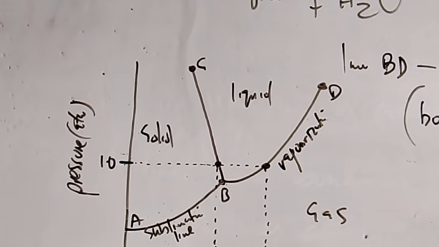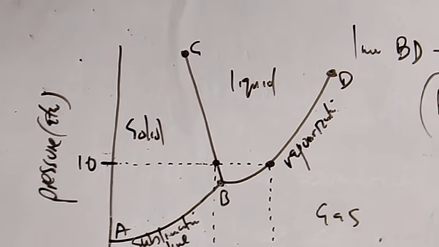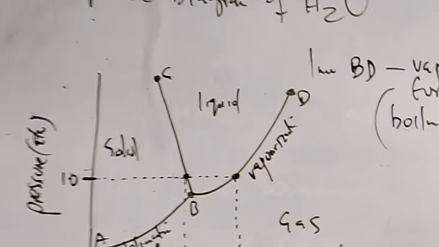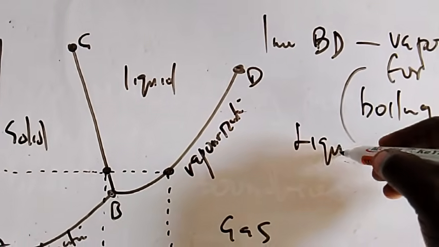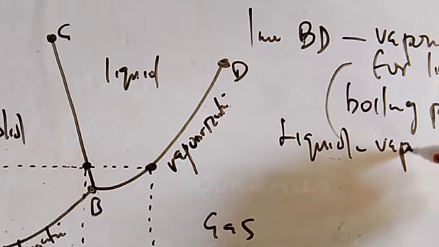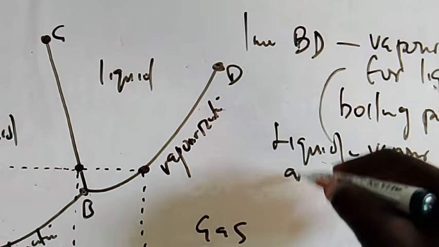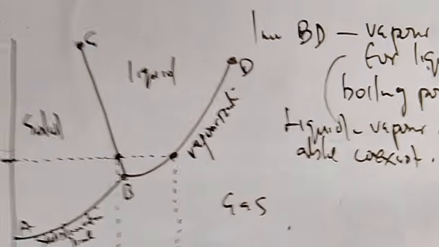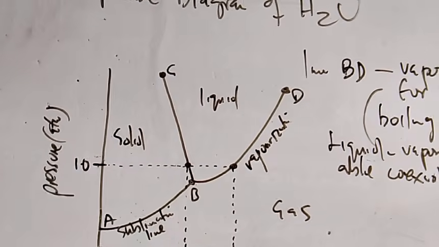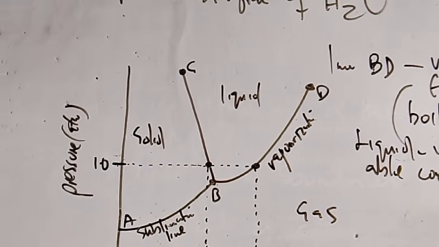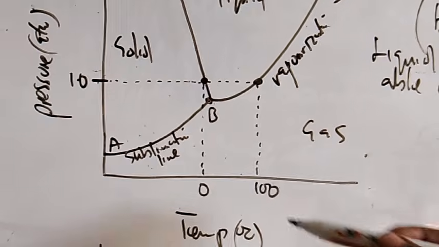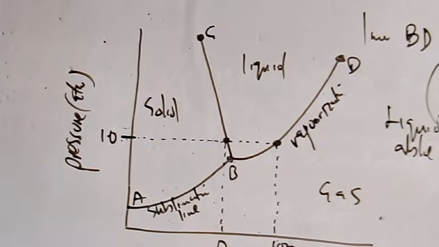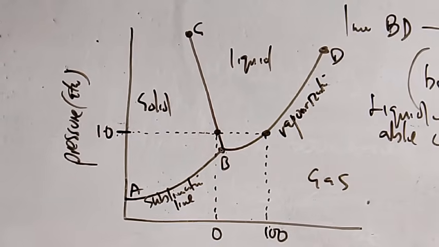are able to coexist. Okay, so note at 100 degrees, the vapor pressure is equal to 1 atmosphere.